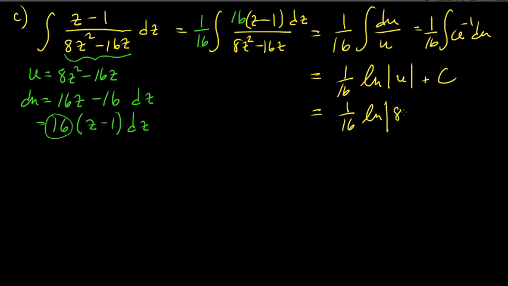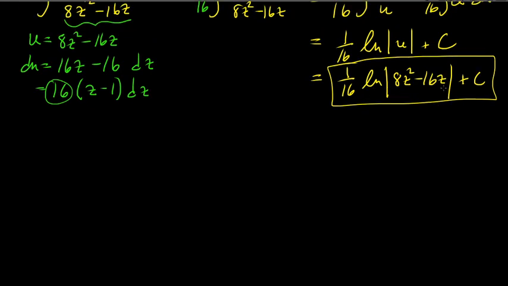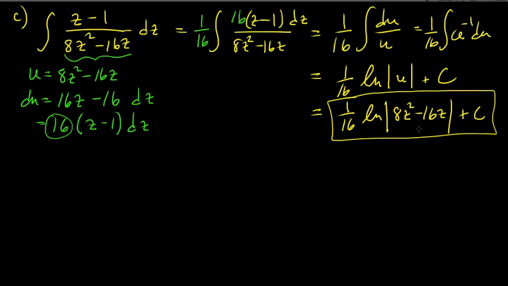So absolute value of 8z squared minus 16 times z plus c. And yeah, I think we can simplify this further, but I'm willing to bet this is probably the answer in the back. And if not, this is fine. You can leave it like this.